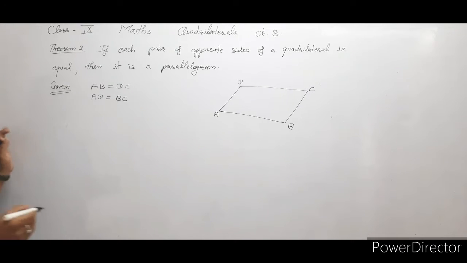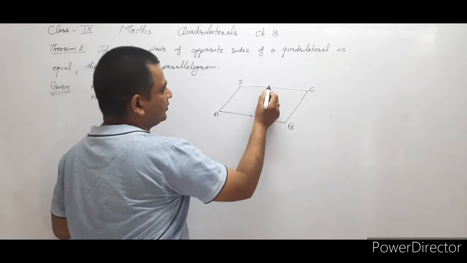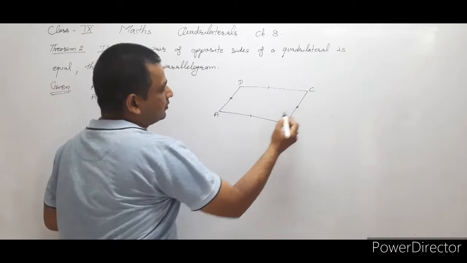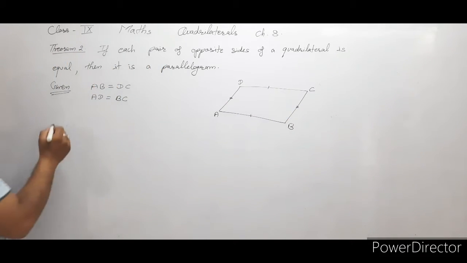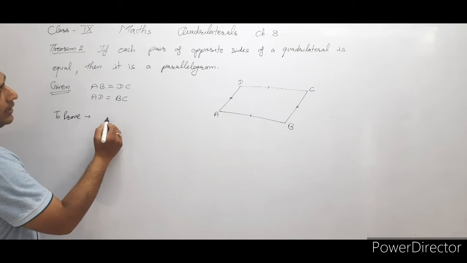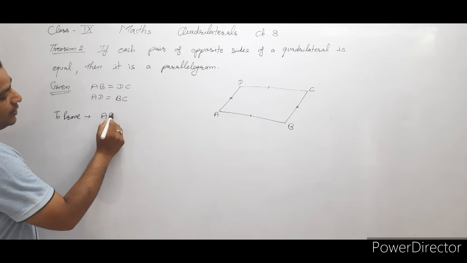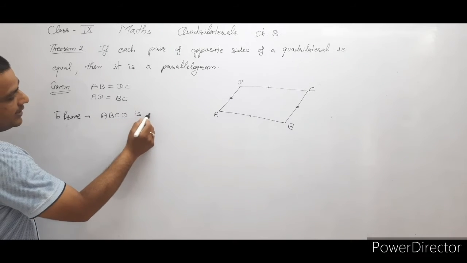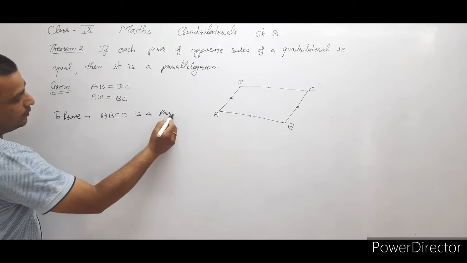The opposite sides are equal, it's given. We have to prove that ABCD is a parallelogram.